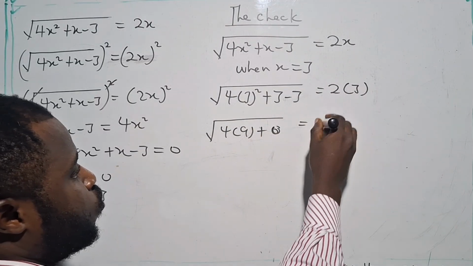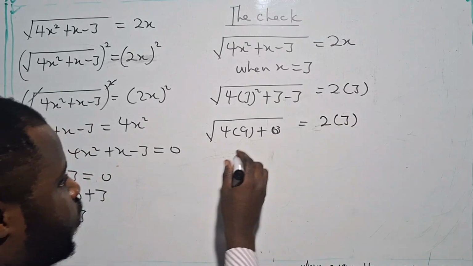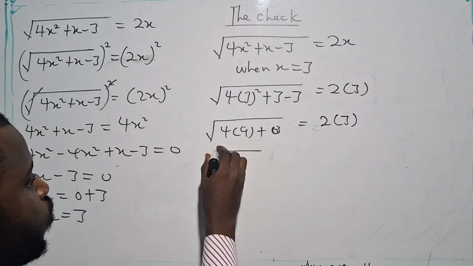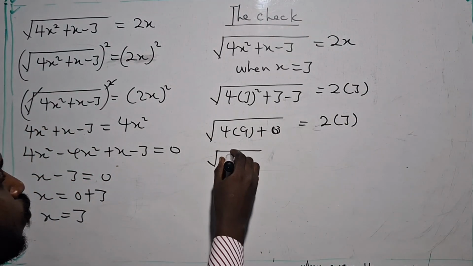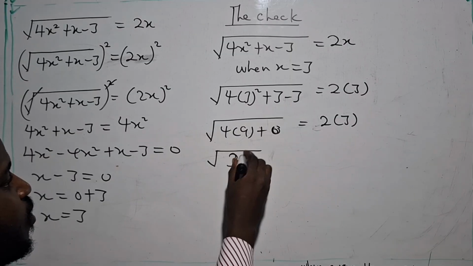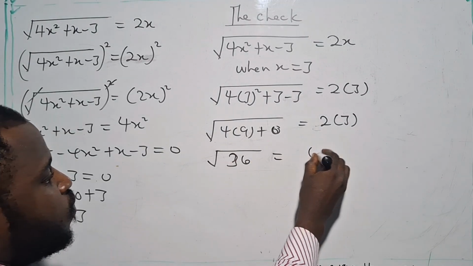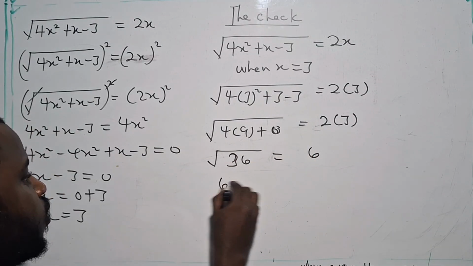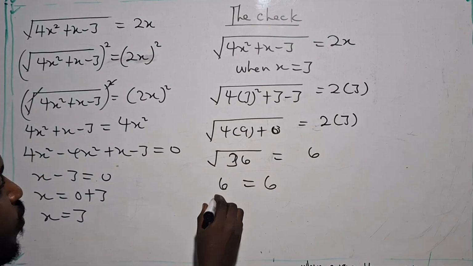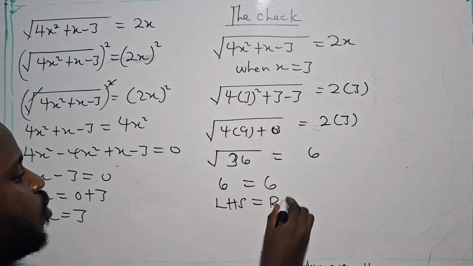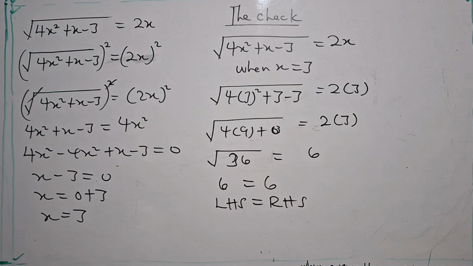So I have 2 times 3. So 4 times 9 plus 0, 4 times 9 is 36. Then this one gives us 6. Square root of 36 is equal to 6. So the left hand side here is equal to the right hand side.